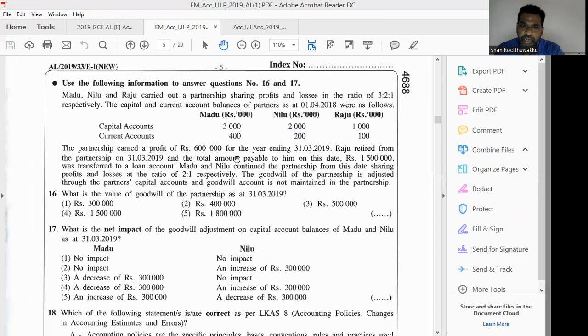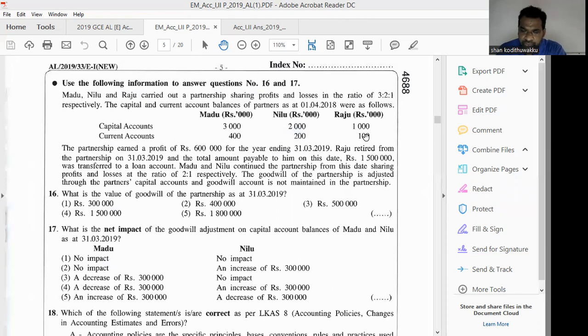Then when you distribute the profit calculated for the year, 600, among all three partners, 1/6 of 600 goes to Raju because his profit sharing ratio is 1. Therefore, 100 goes to Raju. Then his current account closing balance will be 200.